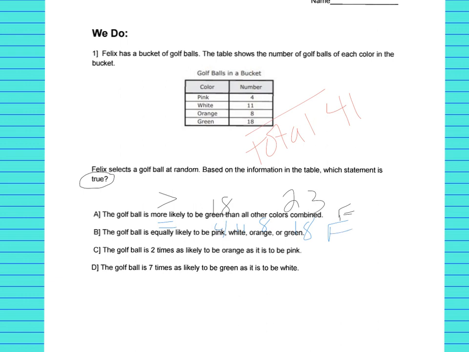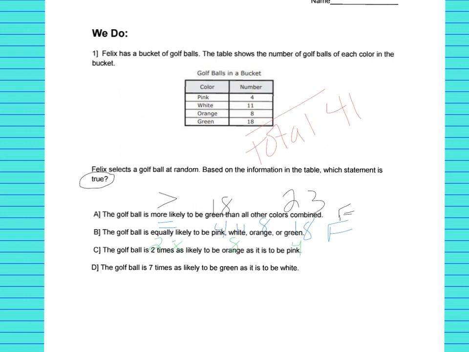That gives us 2 more choices to look at here. The next one says that the golf ball is 2 times as likely to be orange as it is to be pink. So orange is 8, pink is 4, 2 times. So is 2 times 4 equal to 8? It sounds reasonable, but let's double check that last one as well.